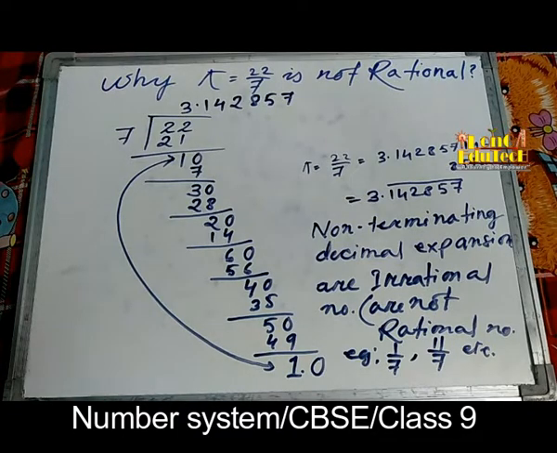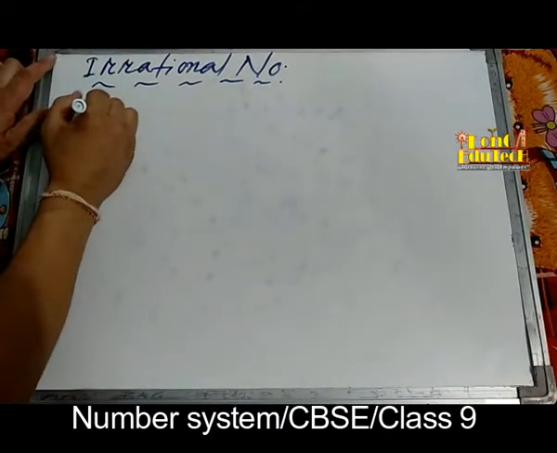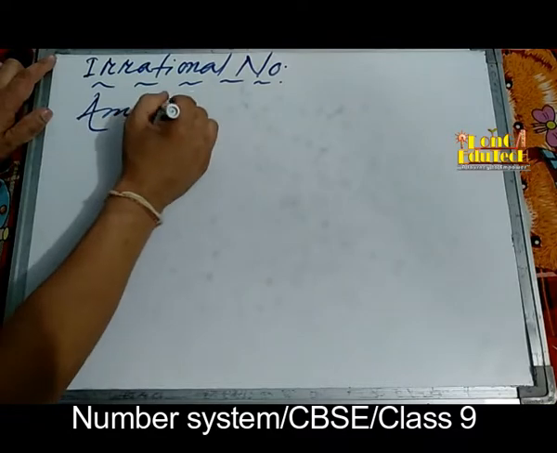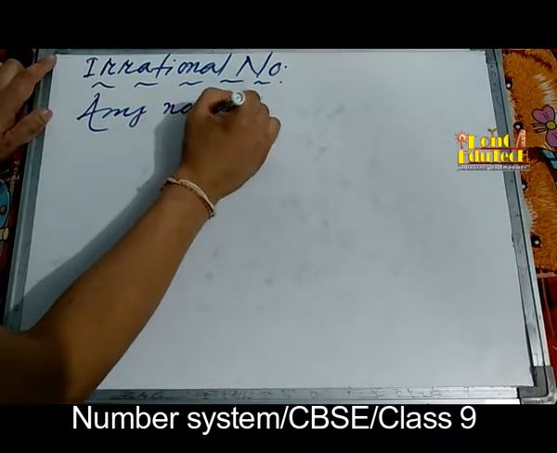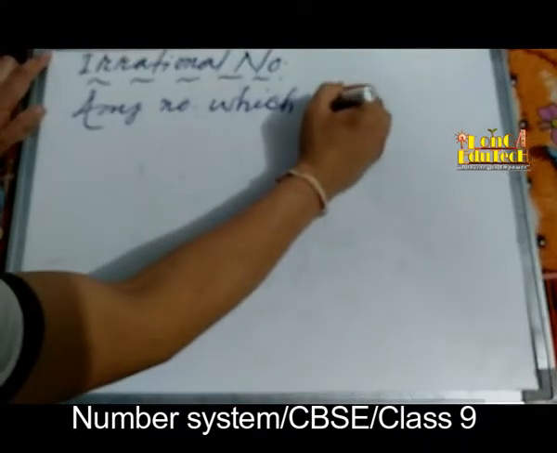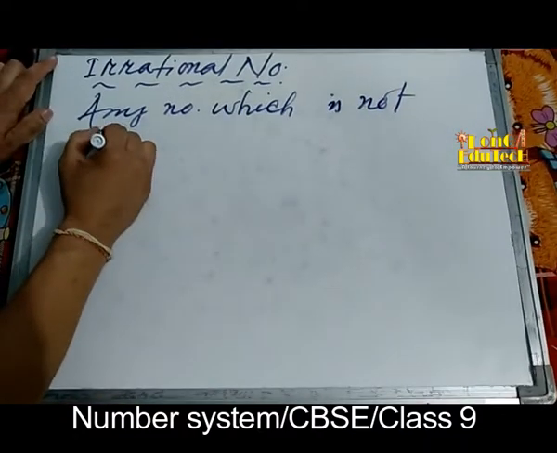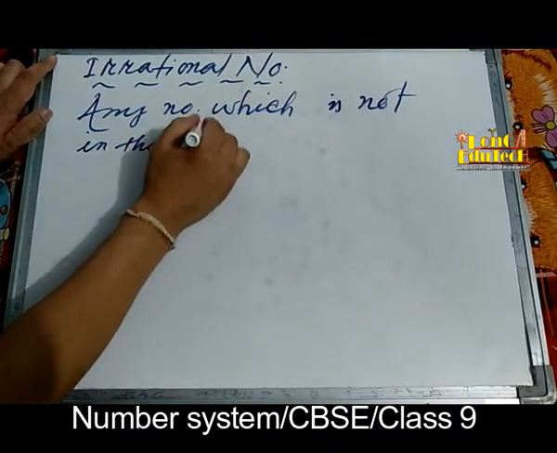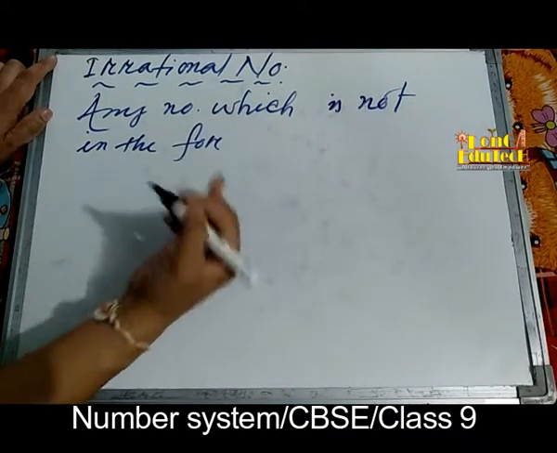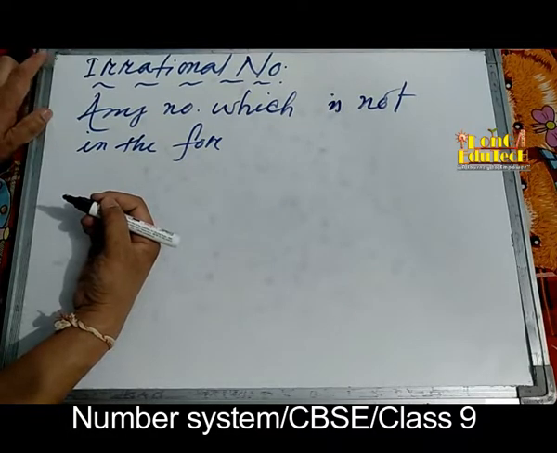Now we will discuss the irrational number. Any number which is not in the form of P by Q, or which cannot be expressed that way, where P and Q are integers and Q is not equal to 0, is called an irrational number.